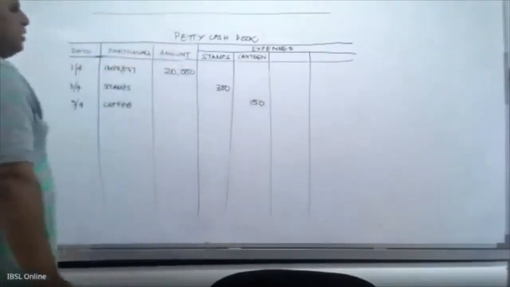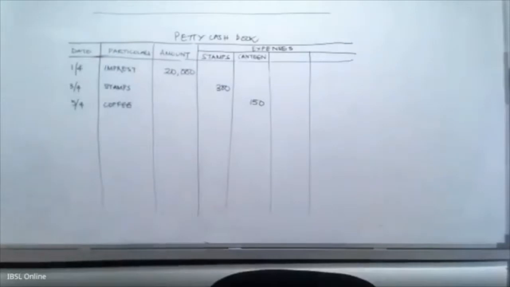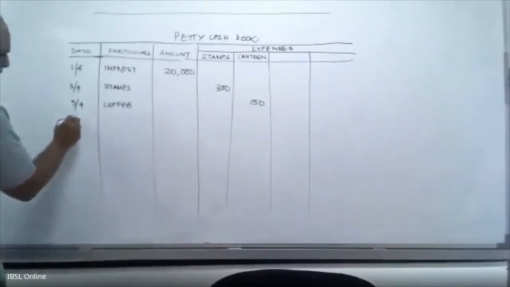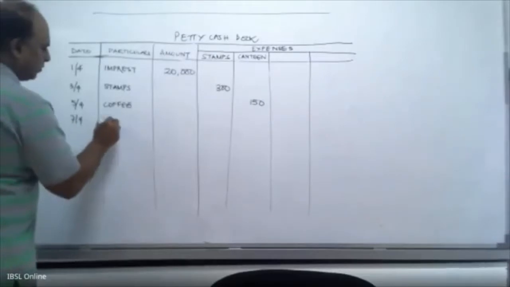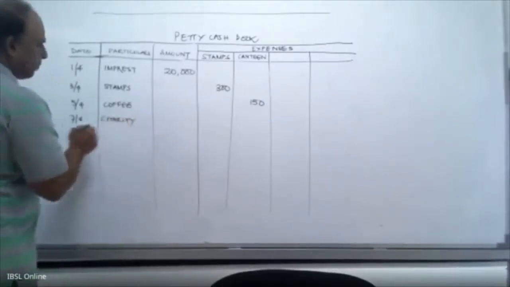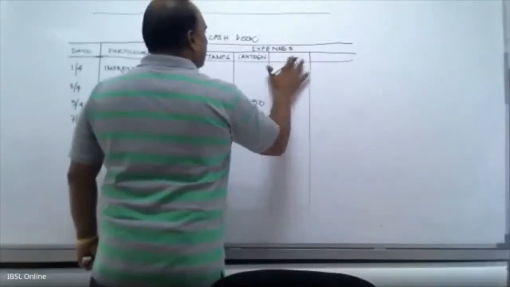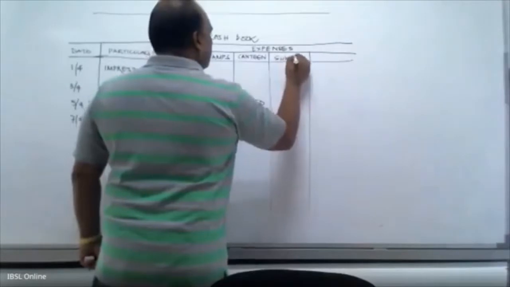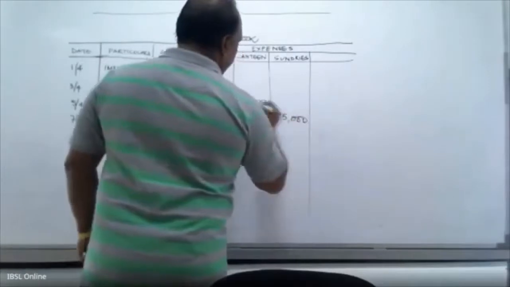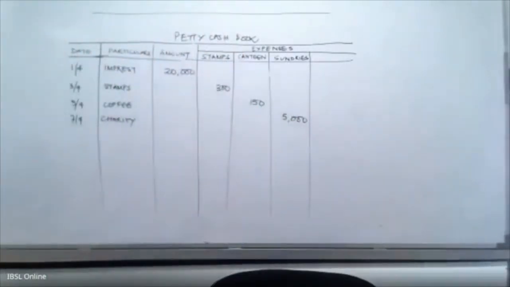Your canteen expenses 150. And then you were also given some donation of a small kind on 7th of April, which is for charity. And that you can put as charity if you want, or you can say sundries. So that will be 5,000 here. And the last transaction on 8th April, again you have purchased stamps for 1,800.